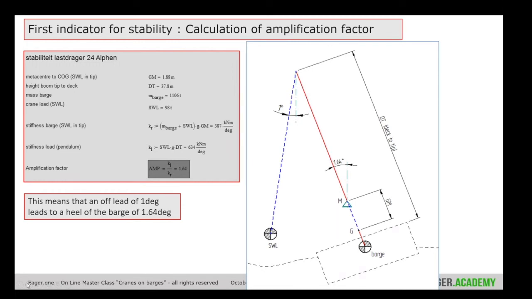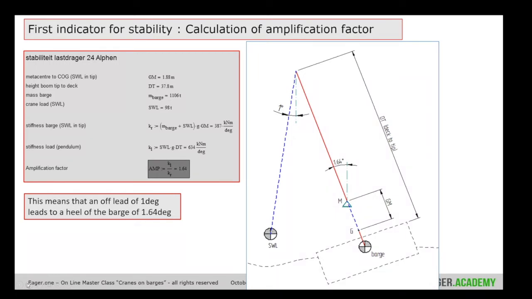However, it's not a 100% rule, because when you are on a very small barge with low mass and high mass ratios, and with high mass ratios I mean that the mass of the barge is low relative to the mass of the load, the SWL.